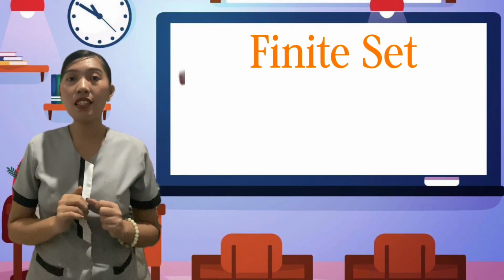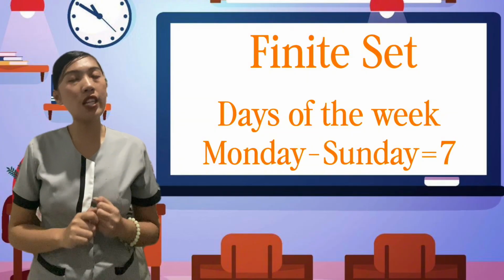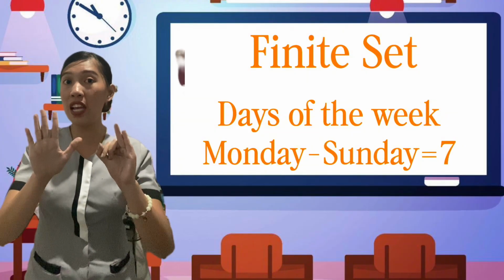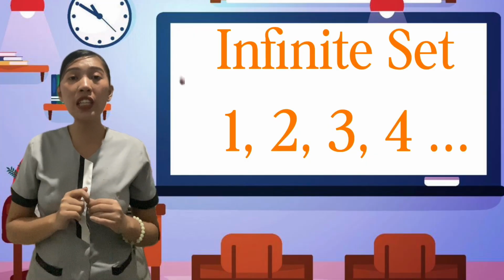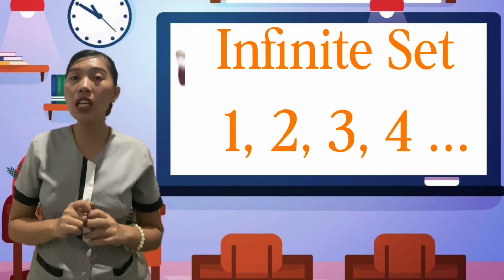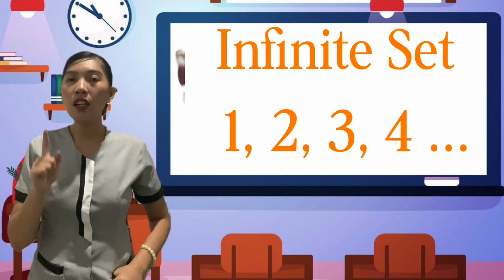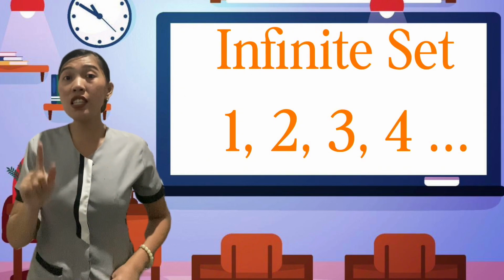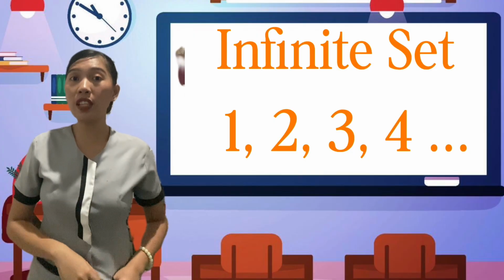Finite set: the days of the week, we can count Monday to Sunday. Only 7. So this is finite. Infinite set: counting numbers, 1, 2, 3, 4, dot, dot, dot. Does it stop? No. So it is infinite.